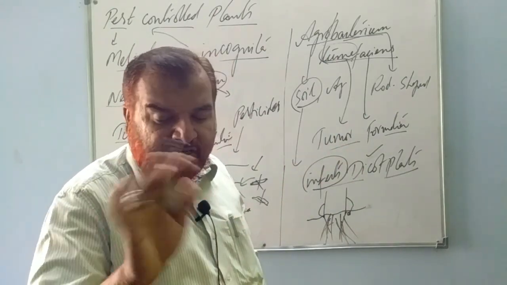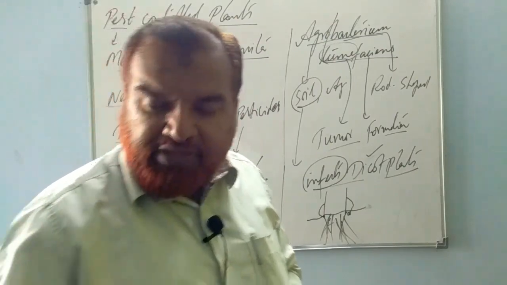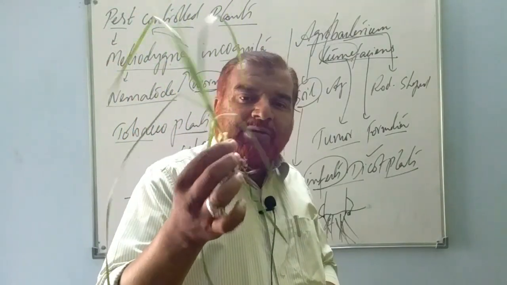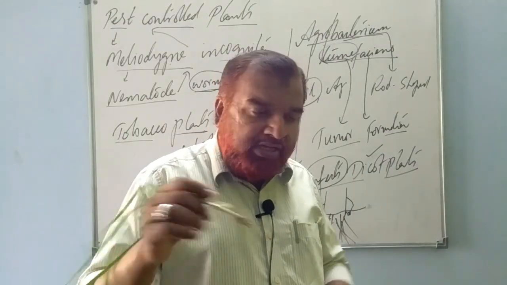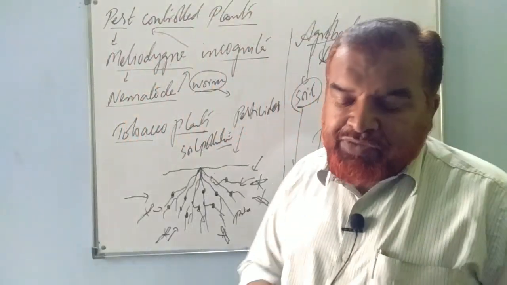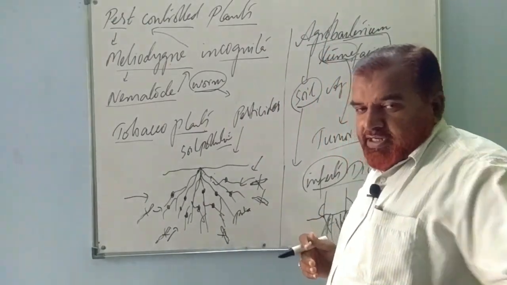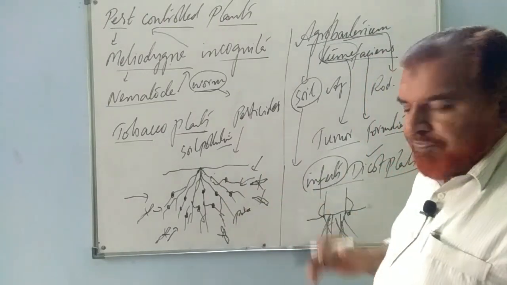It does not infect monocot plants, like for example grass, because of the lack of vascular bundles here. Fine, you have studied the difference between monocot and dicot. Anyway, my dad was bringing some grass and putting it here, so I thought to show you.